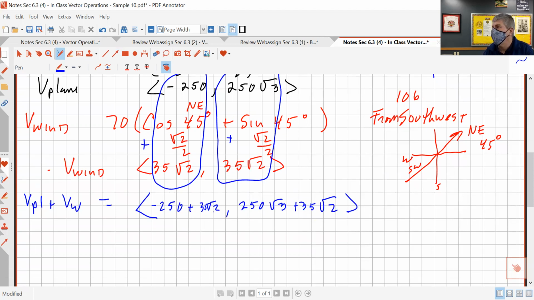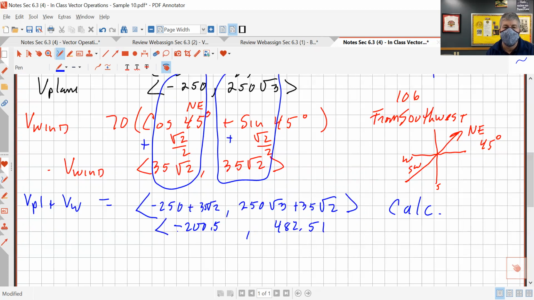Which is kind of ugly, but I reached for my calculator and put negative 250 plus 35 square root of 2 in. I did my homework before class today, and I got negative 200.51, and this one was 482.51.